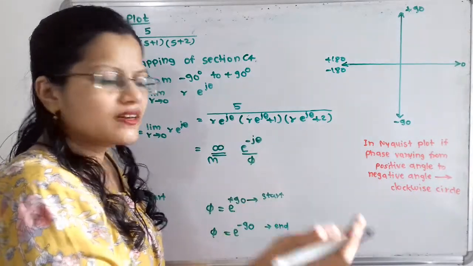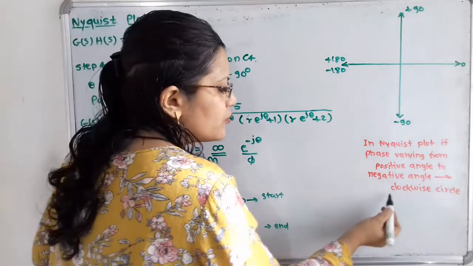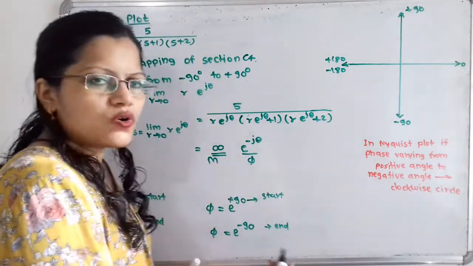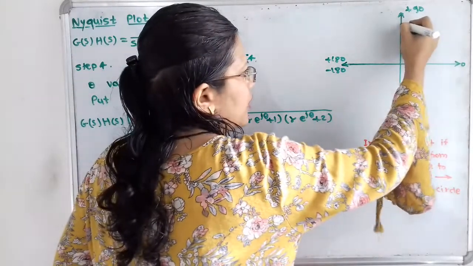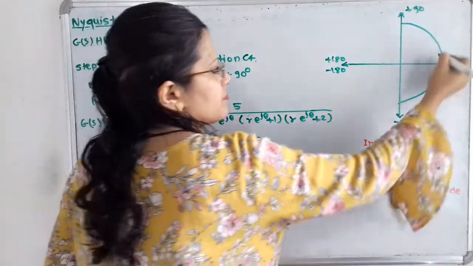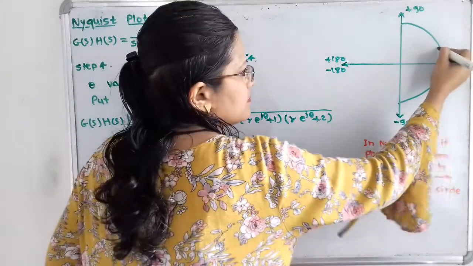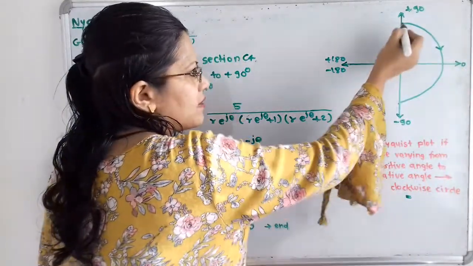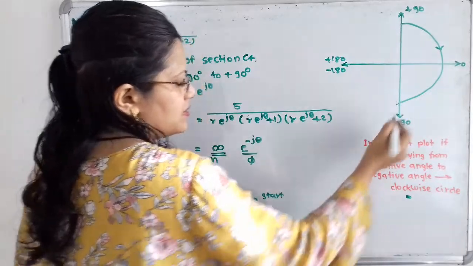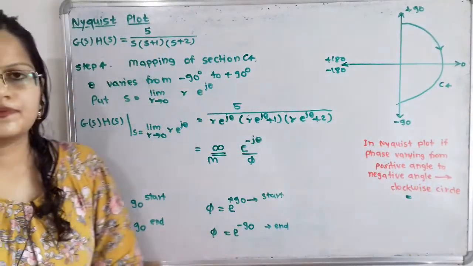Only half circle is getting covered because 90, 90, 180, and we have to show circle in the clockwise direction. So I will draw here. We have to show direction is clockwise. Angle plus 90 to minus 90. So this is the mapping for section C4.